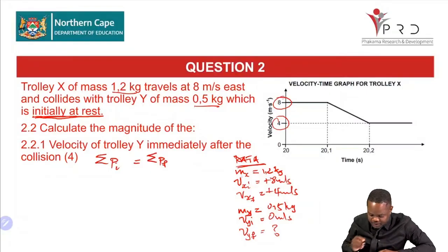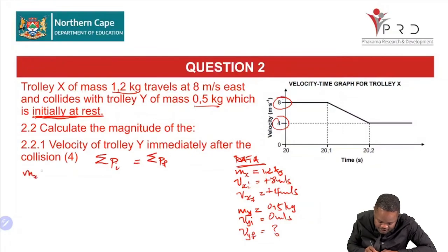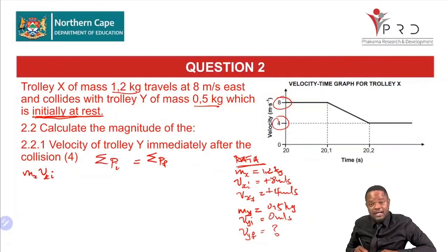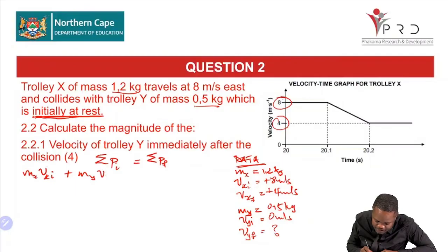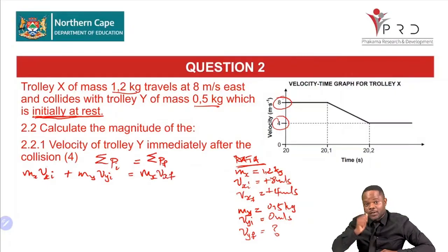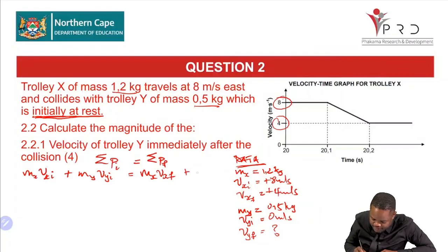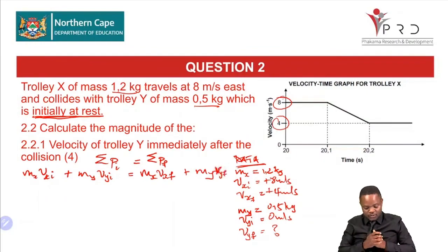We're taking the mass of X multiplied by the initial velocity of X, that is Vxi, plus the mass of Y multiplied by the initial velocity of Y. So this is the sum of our initial momentum before collision. It's going to be equal to the mass of X multiplied by the final velocity of X, that is after collision, plus the mass of Y multiplied by the final velocity of Y after collision.